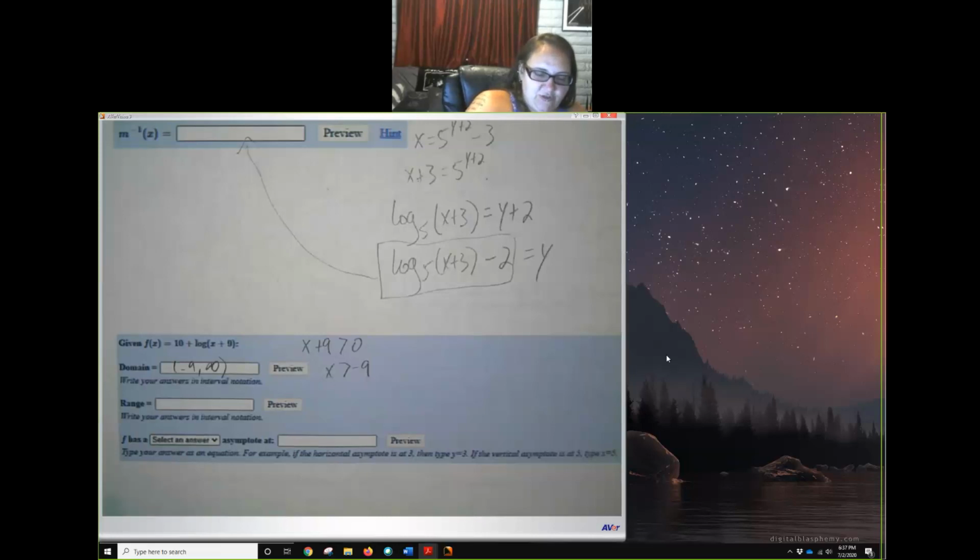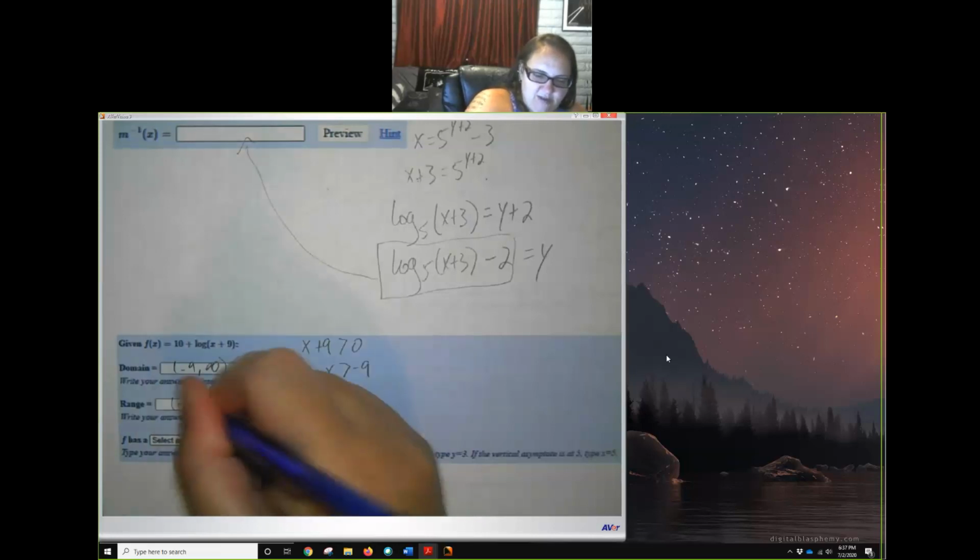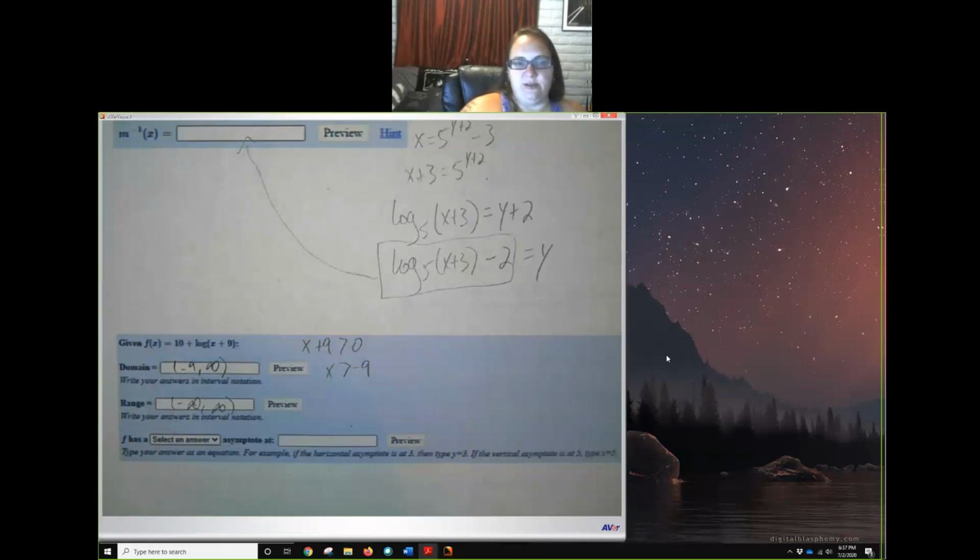The range for every logarithm is always all real numbers. Say that one more time. The range for every logarithm is always all real numbers. And logs always have vertical asymptotes.